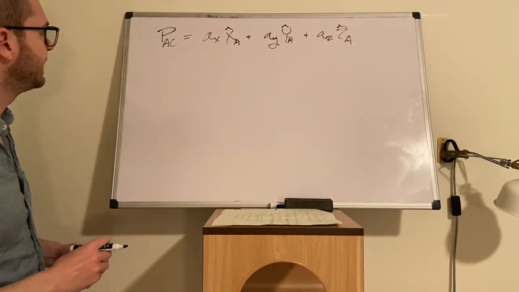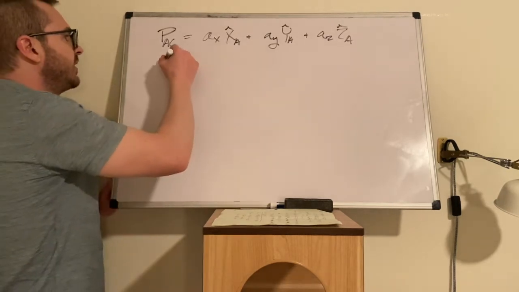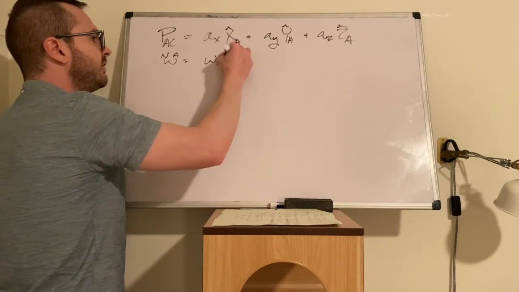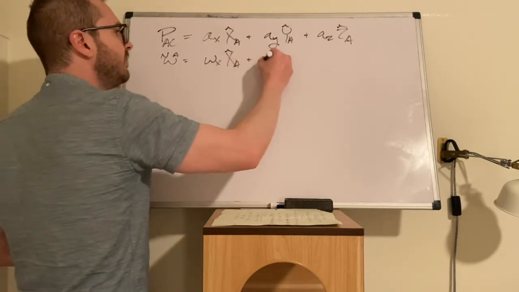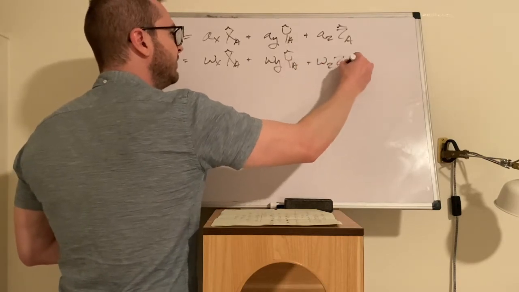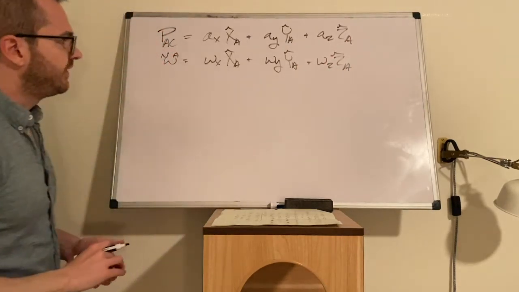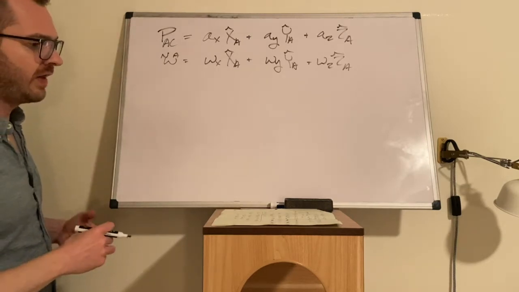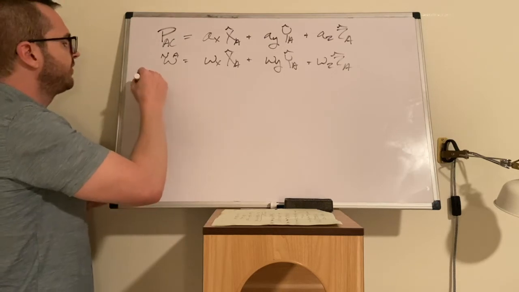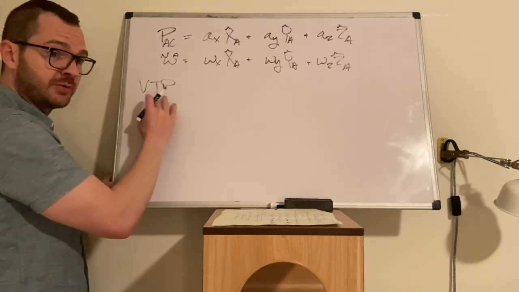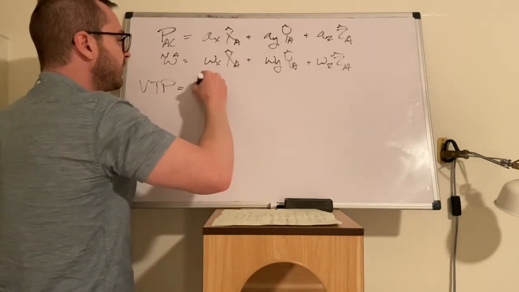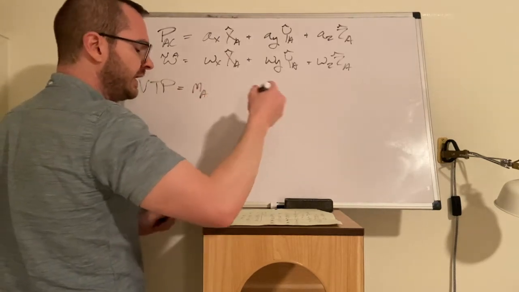Similarly, we can make an assumption about omega in A, and omega in A is going to be omega X in the X hat A, plus omega Y in the Y hat A, and omega Z in the Z hat A. And if we take these assumptions and consider what that vector triple product is going to be, I'm going to say that VTP, the vector triple product from just a moment ago, if we write that using those identities that we have for it, here's what we get.